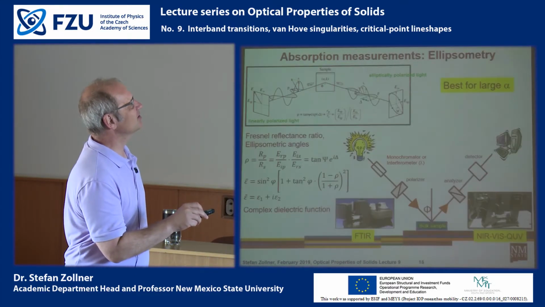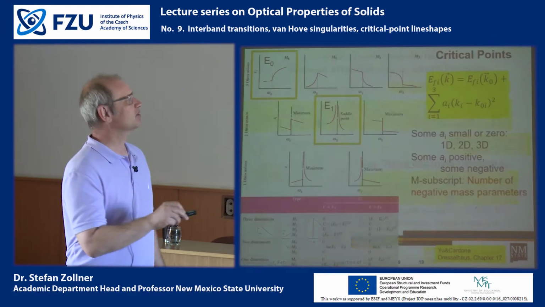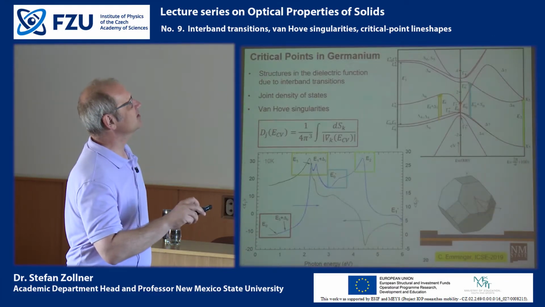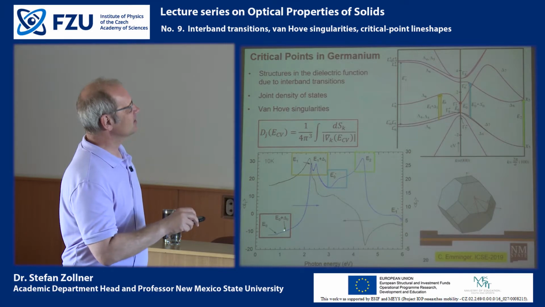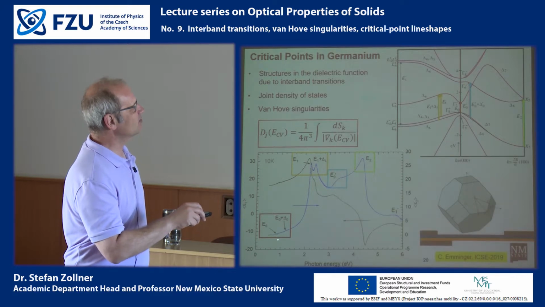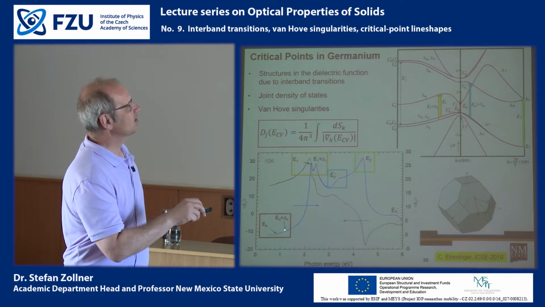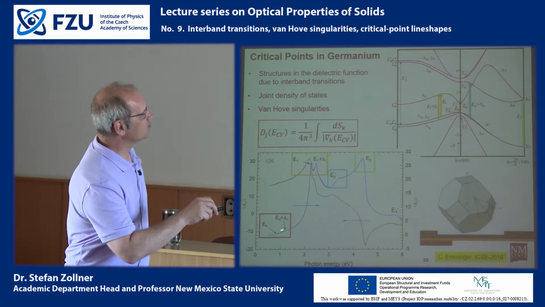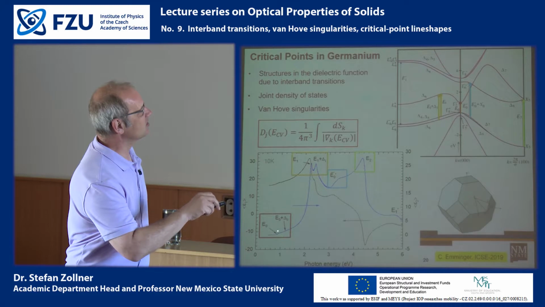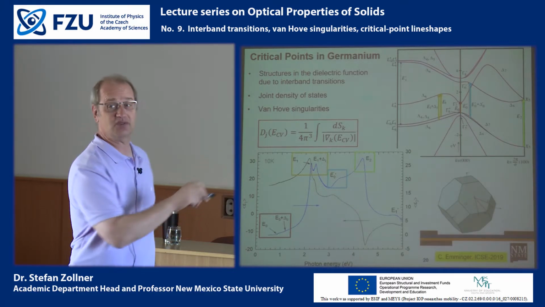Yeah? Yeah. So now these parallel lines go to the next step where we see, so down here we only have indirect transitions. Then there's a step which gives us direct transitions. But these direct transitions are still very, very weak compared to that transition here where we have these two peaks.